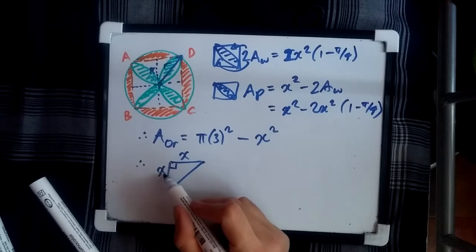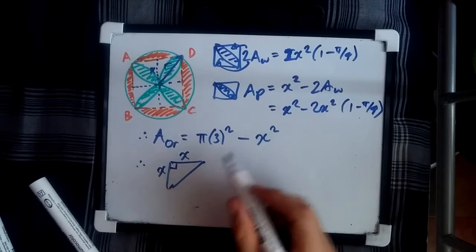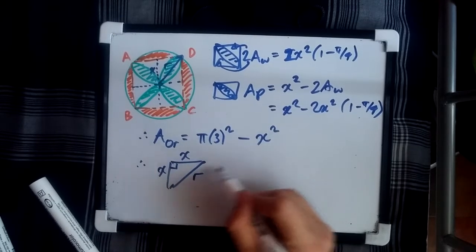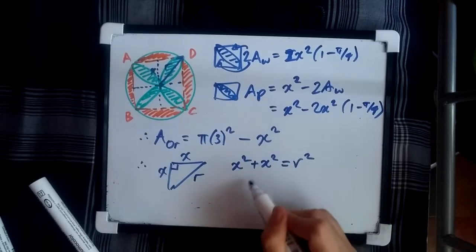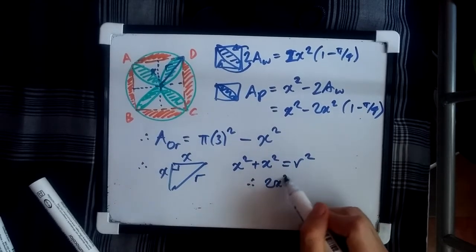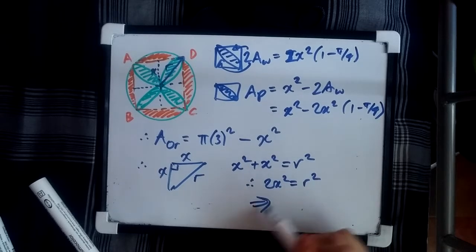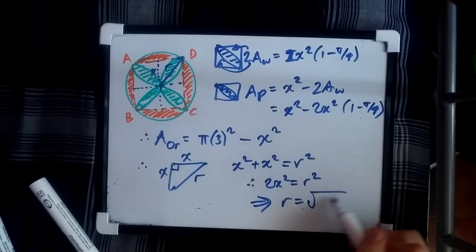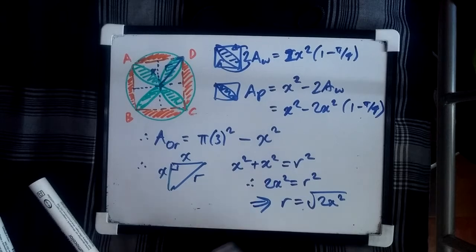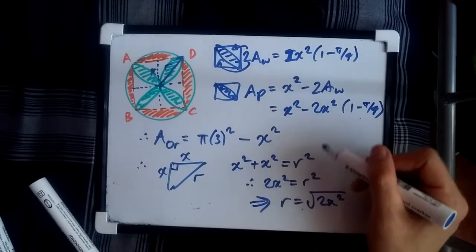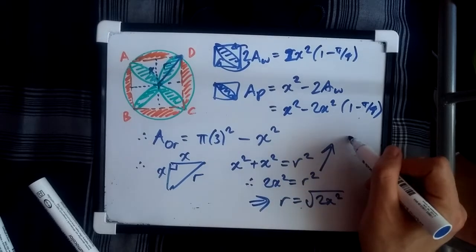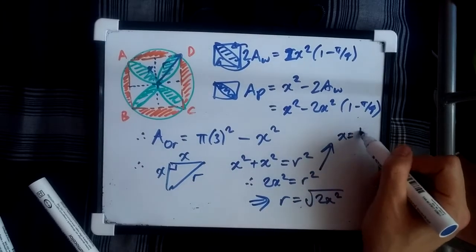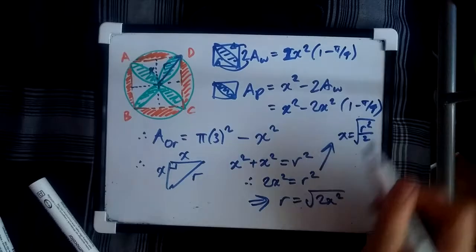Using Pythagoras' theorem, x squared plus x squared equals r squared. Therefore 2x squared equals r squared, and taking the square root on both sides, r equals the square root of 2x squared. To make x the subject, alternatively, we could divide by 2 and then square root. So we're going to have x equals the square root of r squared over 2.